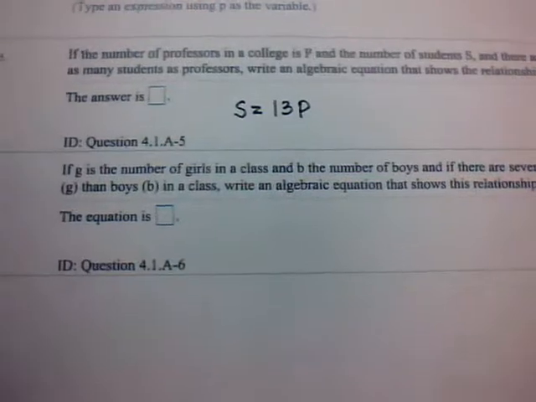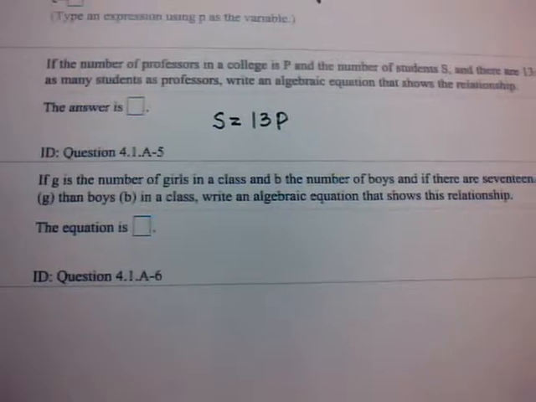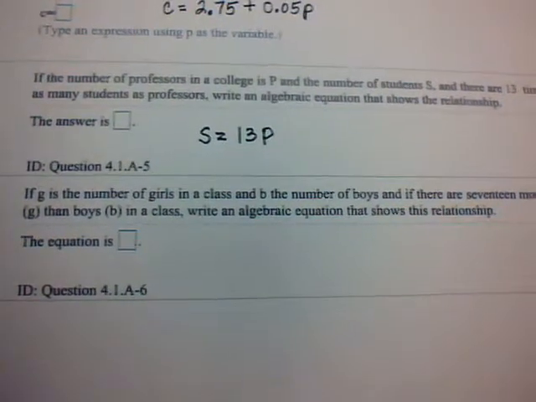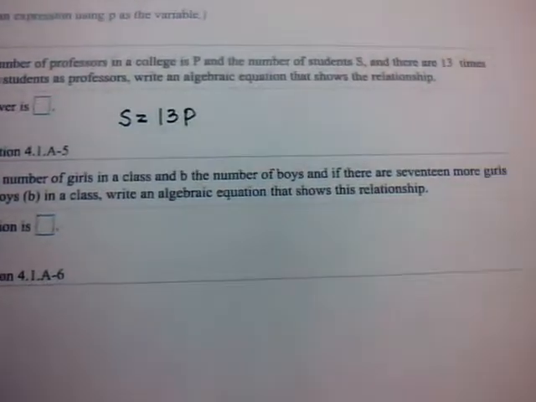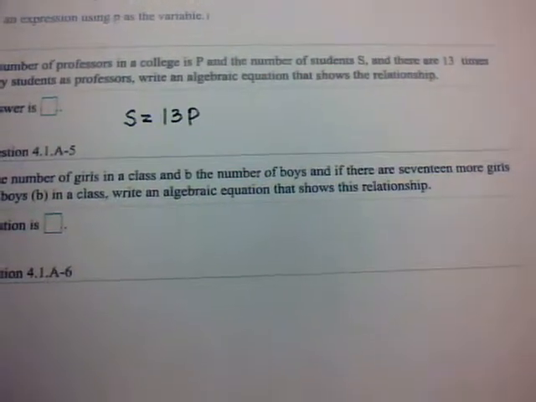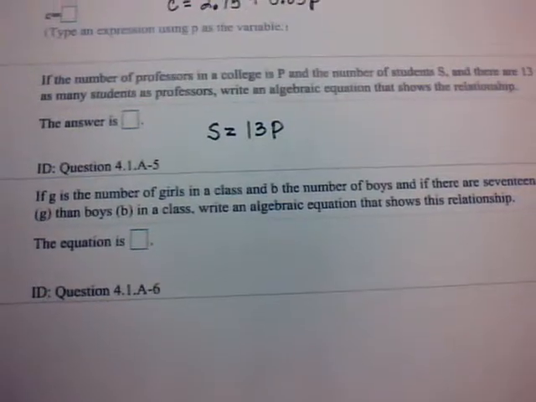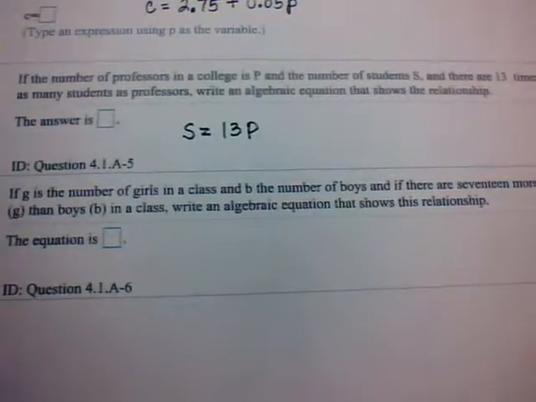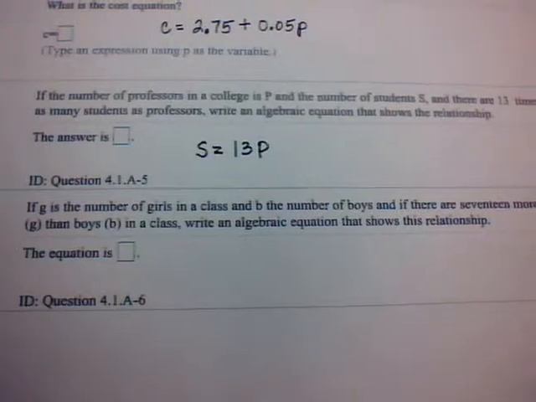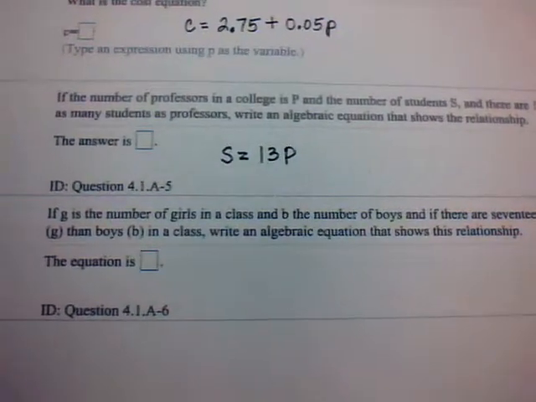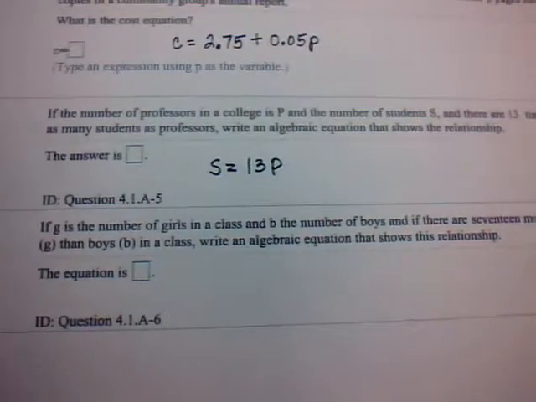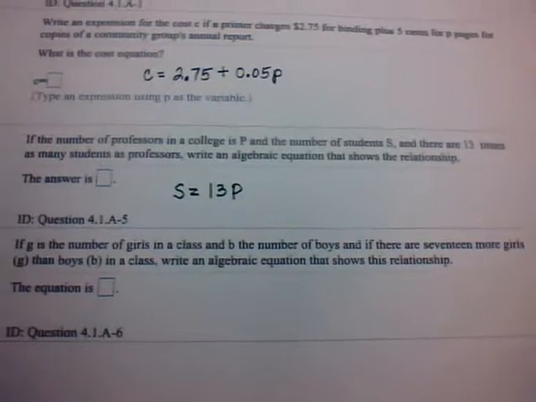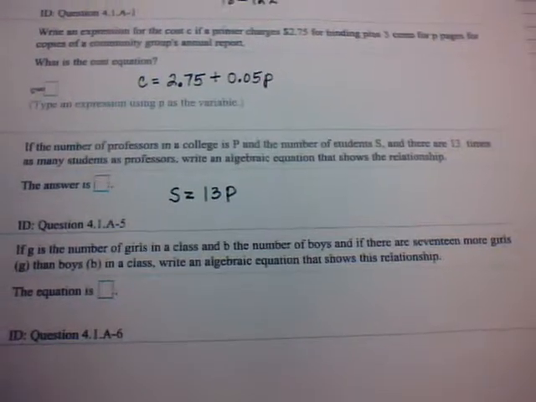All right, number 4. If G is the number of girls in a class and B the number of boys, and if there are 17 more girls G than boys, which is B, in a class, write an algebraic equation that shows this relationship. So now we know that there are 17 more girls than boys.